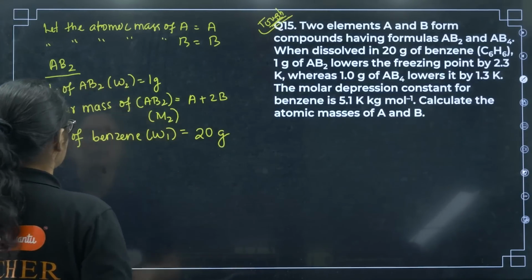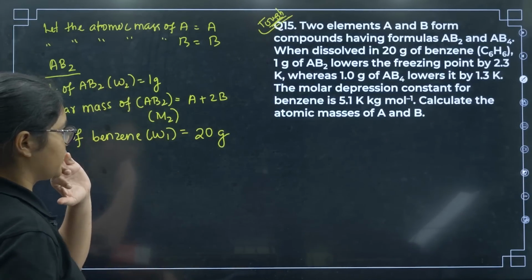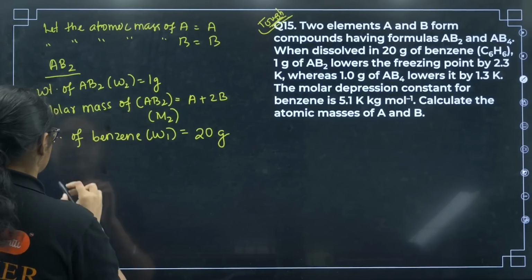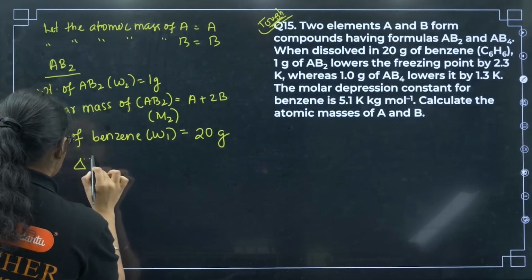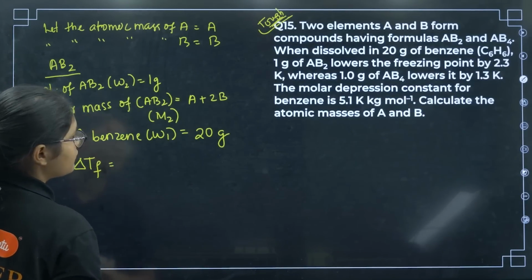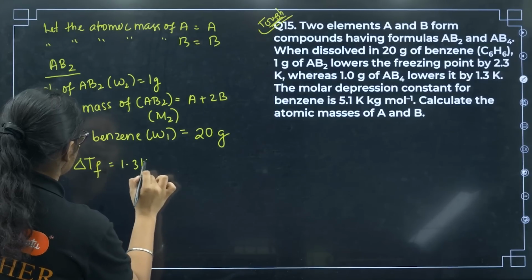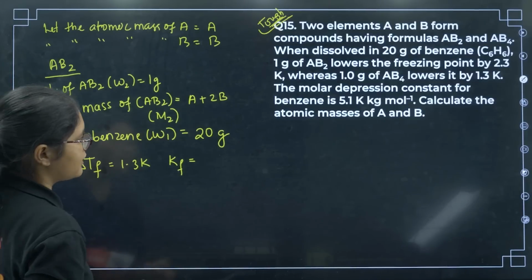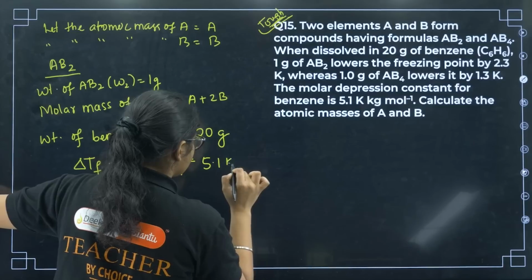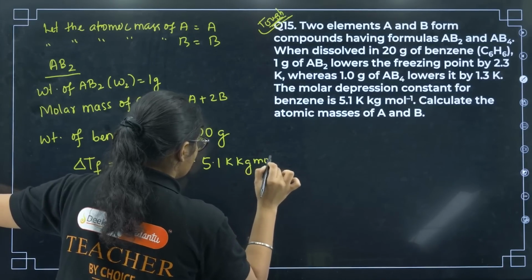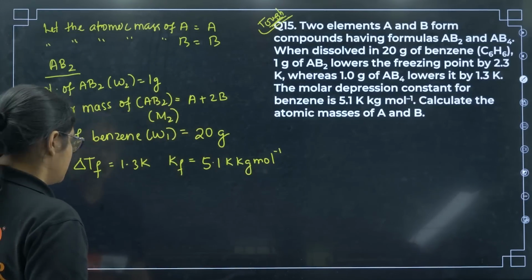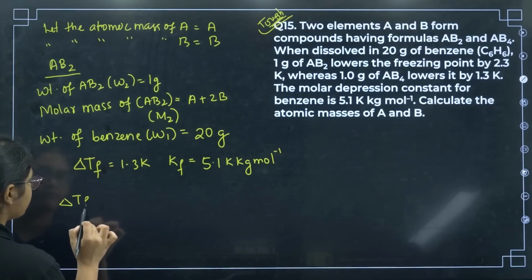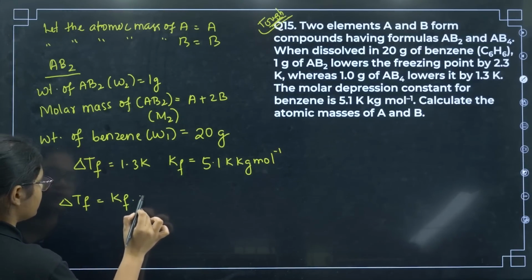Next, it lowers by 2.3 Kelvin, so delta TF is equal to 2.3 Kelvin. And what is the KF value? KF value is 5.1 Kelvin kilogram mole inverse. Here I have this formula: delta TF is equal to KF into m.